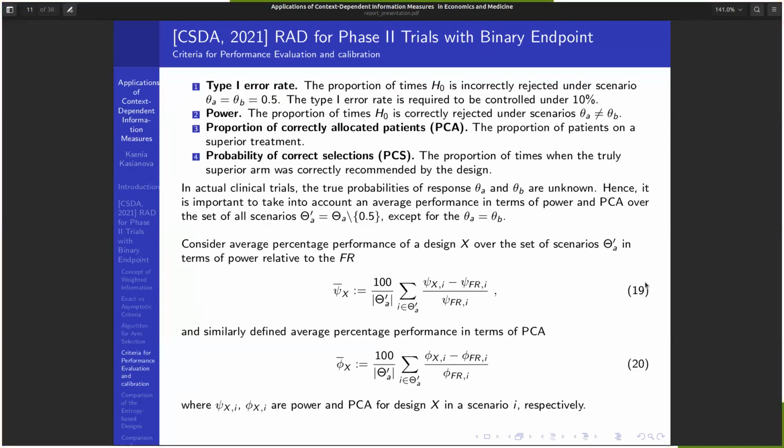After that, we define the metrics which will be used to differentiate the performance of different designs. The ones we are interested in are power and proportion of correctly allocated patients. In formulas 19 and 20, we define the average percentage performance of a design.